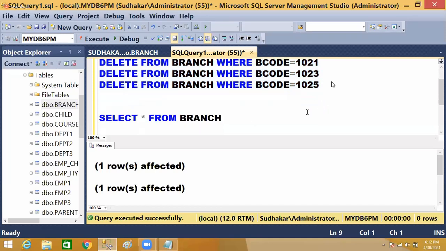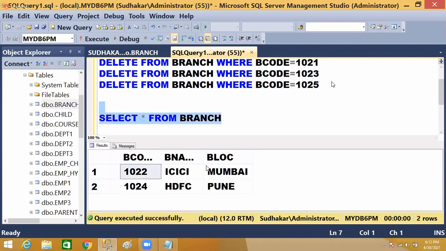Let you come back and see. The 3 rows are deleted and the remaining 2 rows are left in your table, 1022 and 1024, right? But the data we deleted is still a temporary deletion, guys.